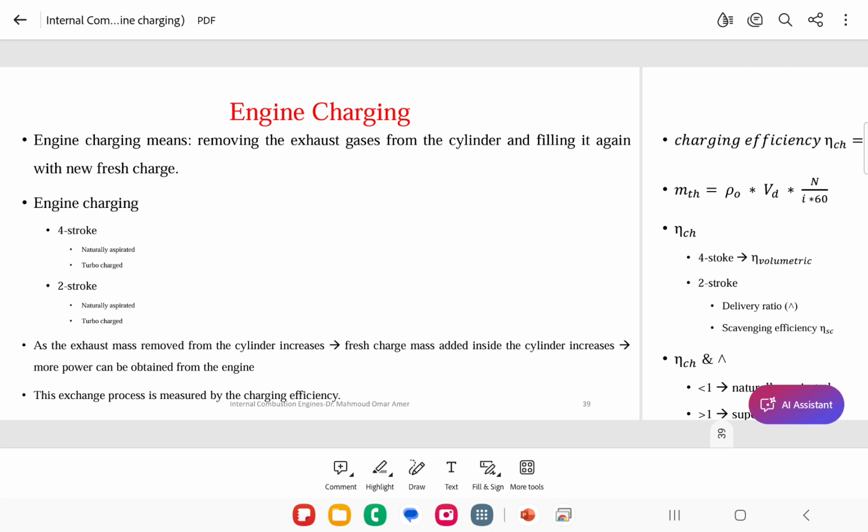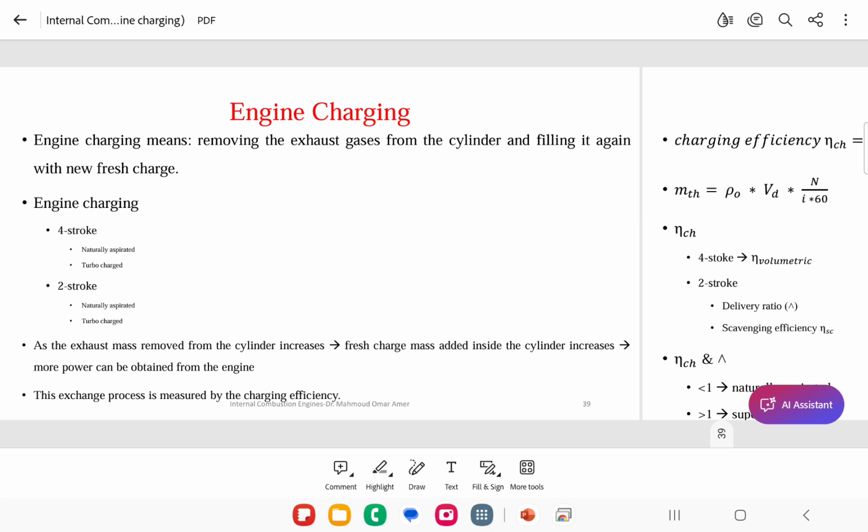But it's for a very short time. So what do you expect the quality of engine charging to be in the 4-stroke engine? It will be very good quality. Why? Because first you open the exhaust valve only, you make all the exhaust go away, then you open the intake valve and draw the fresh charge.